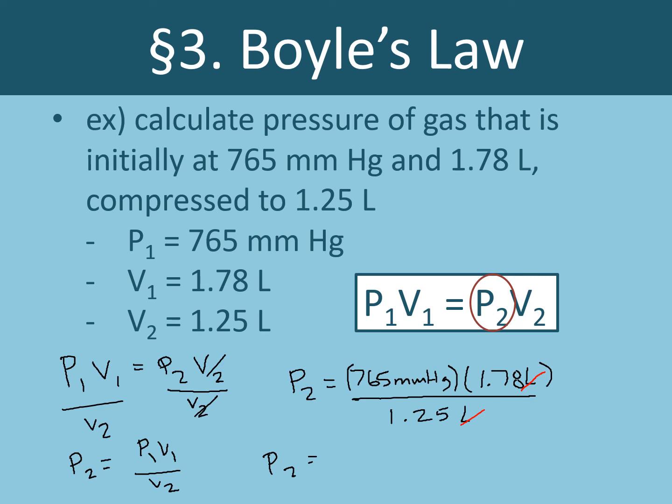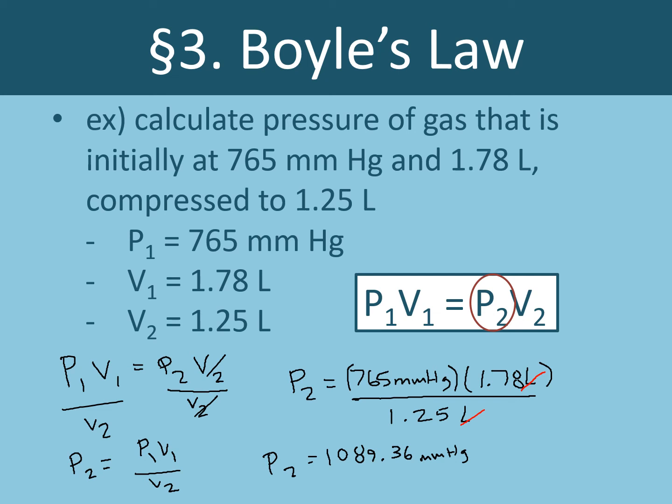Your raw answer should be something like 1089.36 millimeters of mercury. But we need to round our answer to the proper number of significant figures.